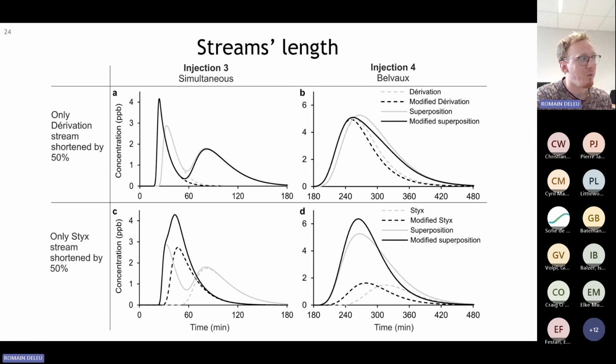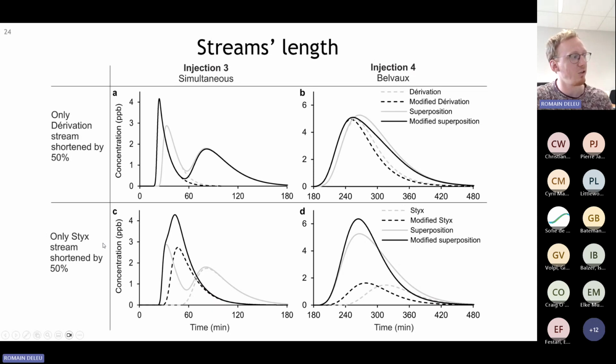If we change the stream length, for example, here the first column is for injection 3, the injection done close to the system. If we shorten the diffluence stream, the first peak arrives even earlier, so the double peak is even more clear.